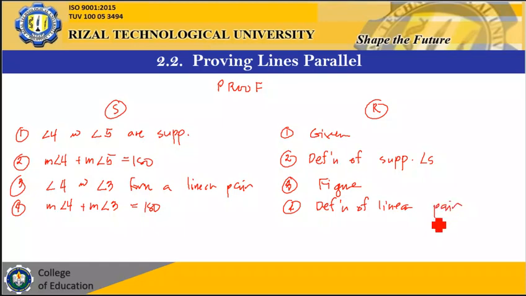And our fifth statement will come from statement number 2 and statement number 4. So we have the measure of angle 4 plus the measure of angle 5 is equal to the measure of angle 4 plus the measure of angle 3. And this one is the transitive property. Okay?